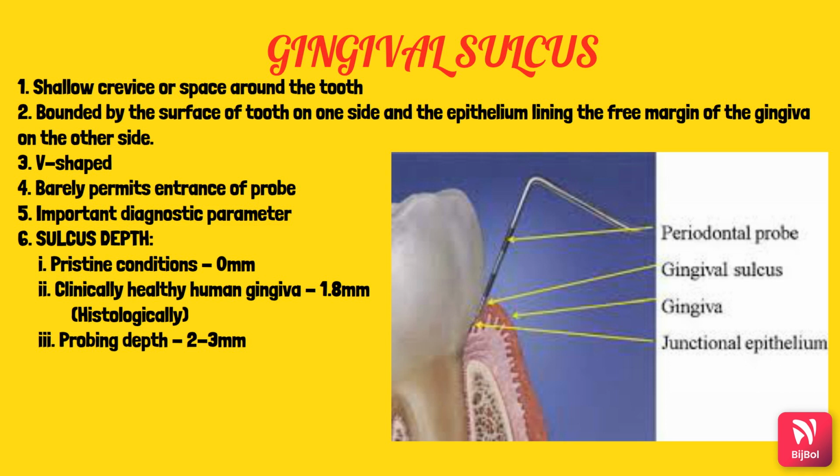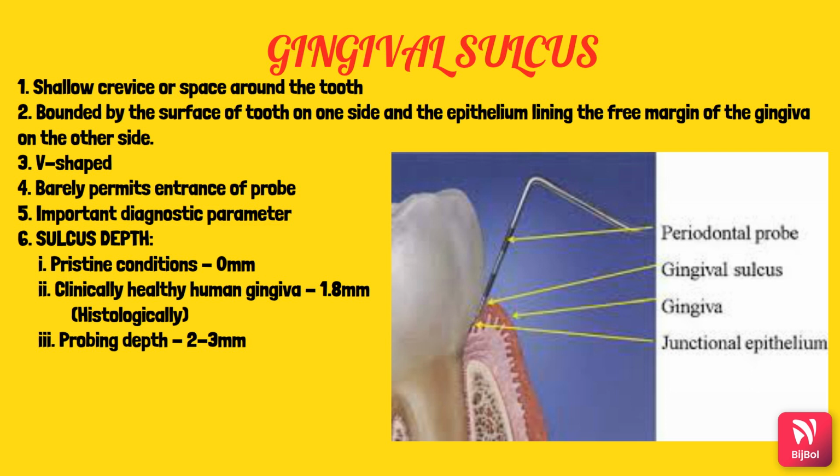The sulcus depth is 0 mm or nearly 0 mm. But this isn't possible. In clinical conditions, we do have some amount of sulcus depth. So when the sulcus depth is measured histologically, that is when we take a histologic section and see, we will notice a sulcus depth of around 1.8 mm with a variation of 0 to 6 mm. Whereas when we place a periodontal probe and measure the sulcus depth, it is around 2 to 3 mm.